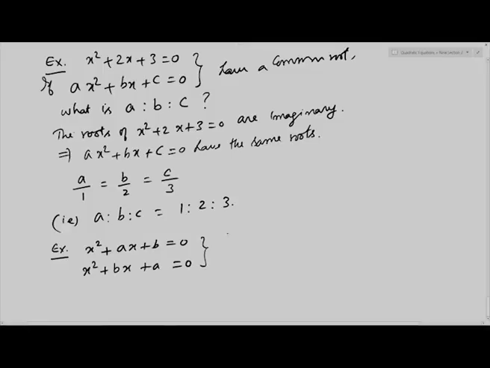If a is not equal to b, because if a equals b, we have only one equation, and it is also assumed that they have a common root, then what is a plus b? What is the value of a plus b?